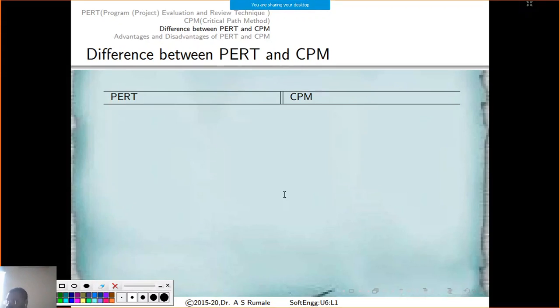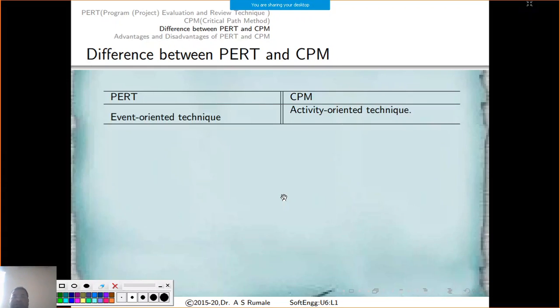If the question is asked, what are the differences between PERT and CPM, you can answer that PERT is an event-oriented technique, and CPM is an activity-oriented technique. Because what is an event? An event is a group of activities.